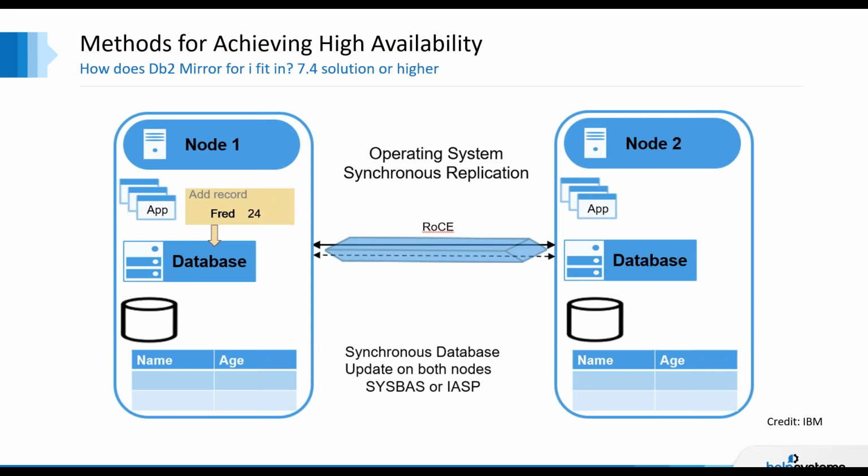Another key thing is the users and applications only see one system. It's invisible to them. So this is really the highest of high availability. But there is a restriction here that I'll make you aware of, and it's about 200 meters, and that's the RoCE cable restriction. So this is continuous availability.